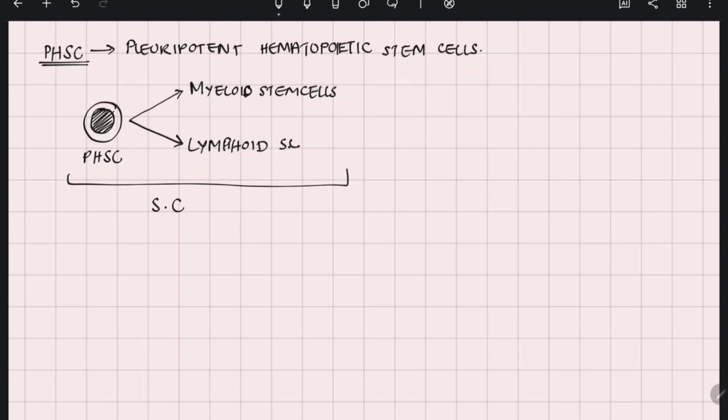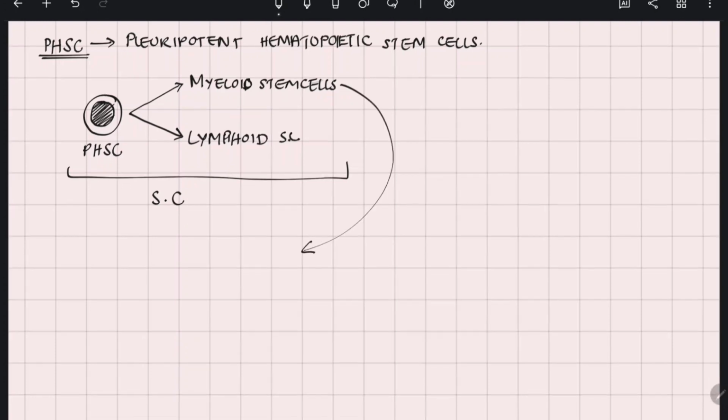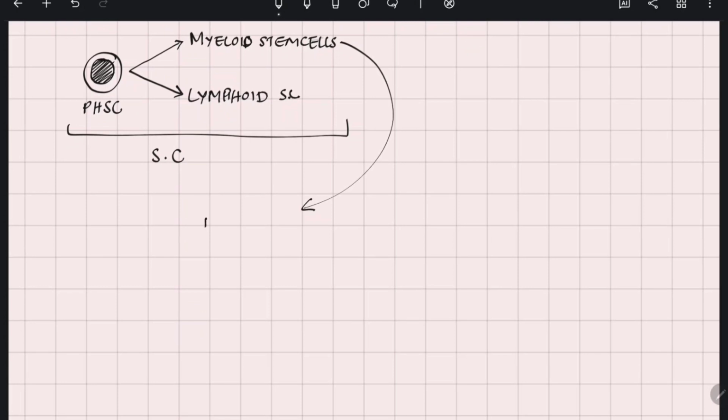We can talk more about myeloid stem cells, which are more important for us. The myeloid stem cell is also a multi-lineage stem cell, which can give rise to a colony forming unit, CFU of MGE. That means this CFU can turn into either a megakaryocyte or an erythrocyte.